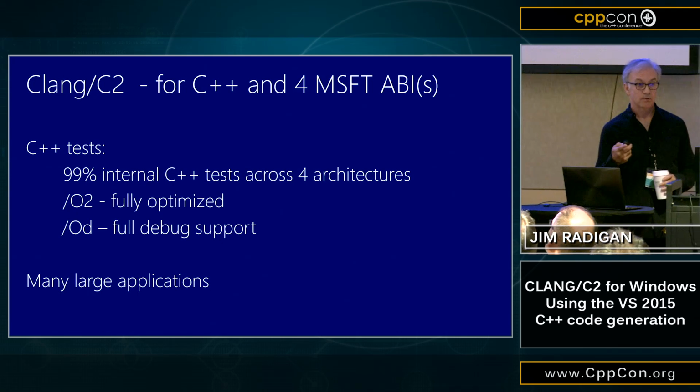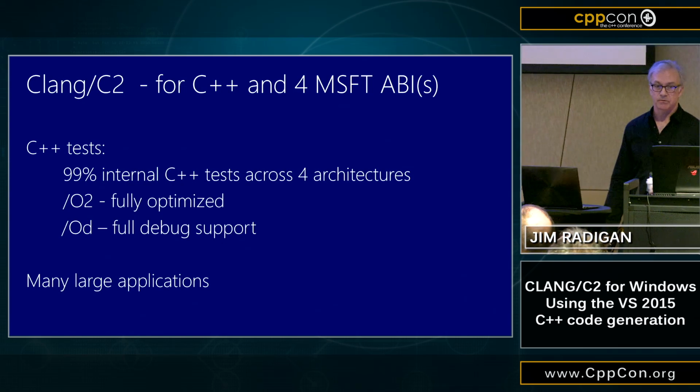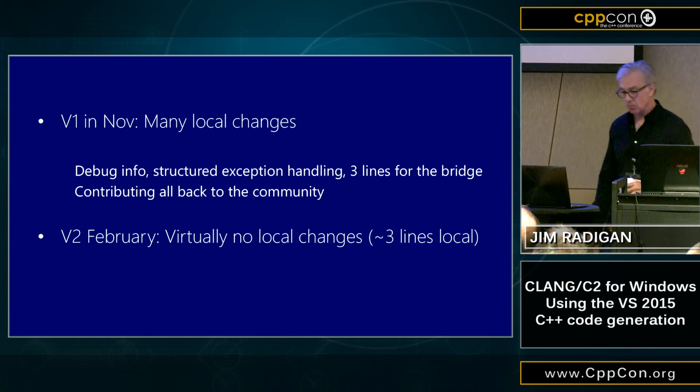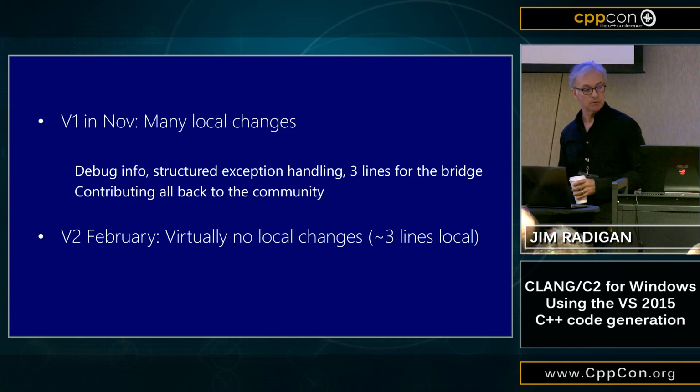We are also in the stages right now of compiling many large applications and going for stress. So in V1 in November, there'll be many local changes. We were under pressure to get this thing done and out the door as soon as possible. So internally, we've got debug info, structured exception handling, a couple of lines for the bridge.